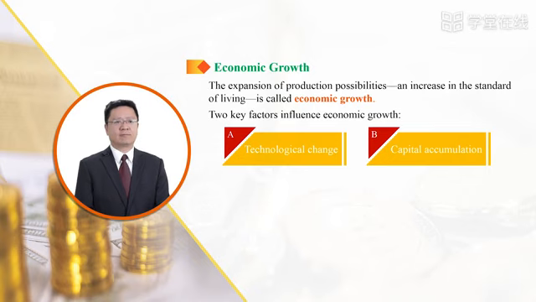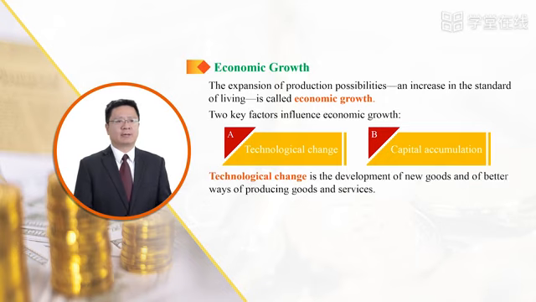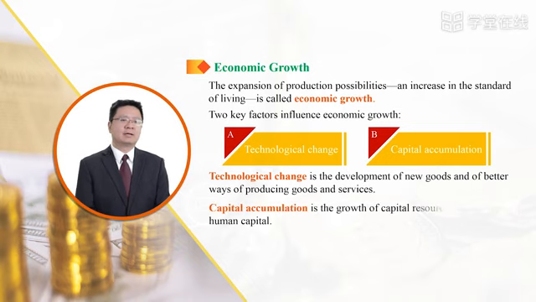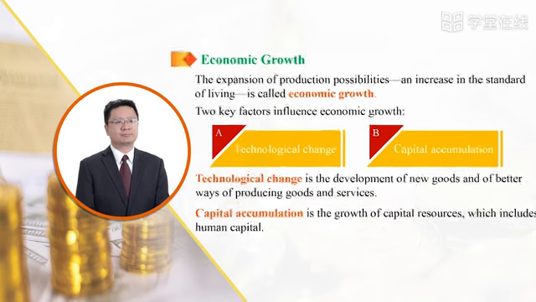Economic growth comes from technology change and capital accumulation. Technology change is the development of new goods and of better ways of producing goods and services. Capital accumulation is the growth of capital resources, including human capital.